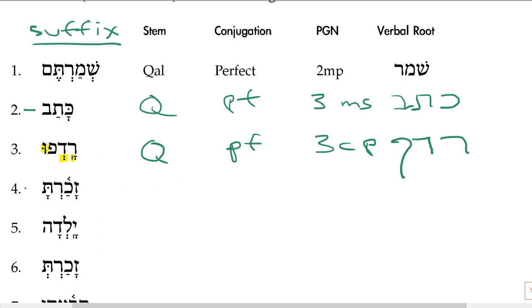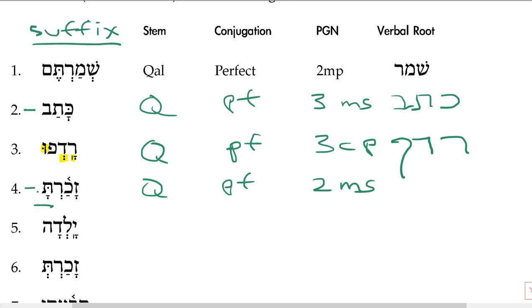Let's look at number 4. We've got zakarta. Notice the tone syllable is the second to last, and this ending is very characteristic of a perfect verb and 2MS in particular. So nothing before it. So Qal Perfect, and it's going to be a 2MS.